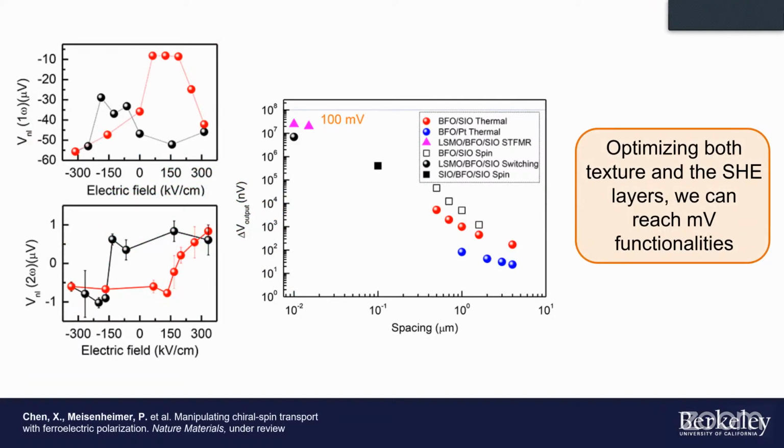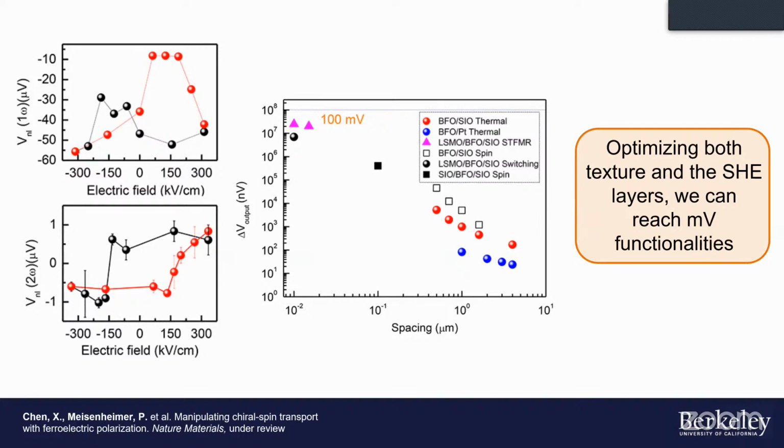I do want to somewhat briefly touch on that actual electric field control over the spin transport, because that's why we're doing this. We want to make a useful device out of this system.